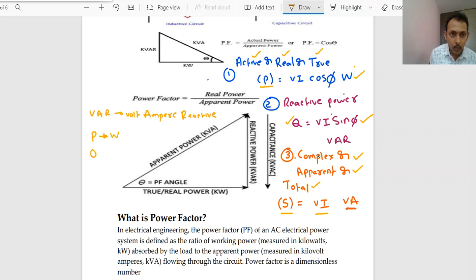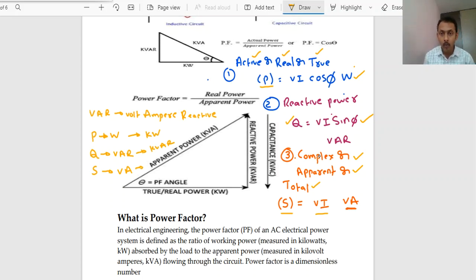If it is Q, we express the power in volt ampere reactive, and if it is S, complex power, we express it in volt amperes. If the magnitude is high, we express this power in kilowatts, this one in kVAR, and this one in kVA.